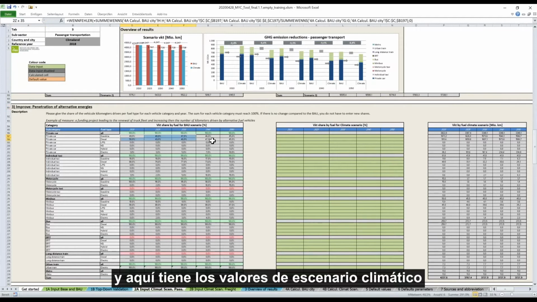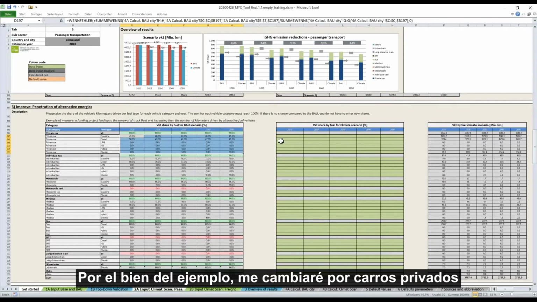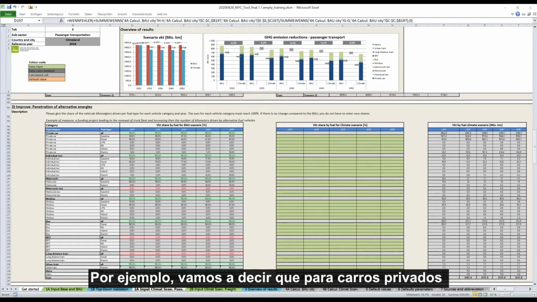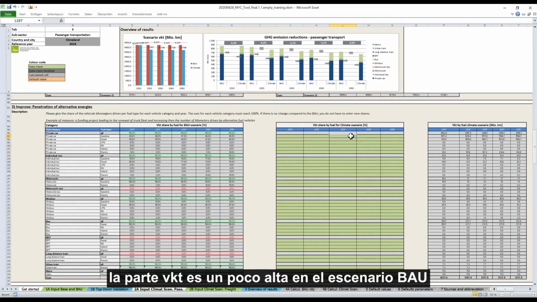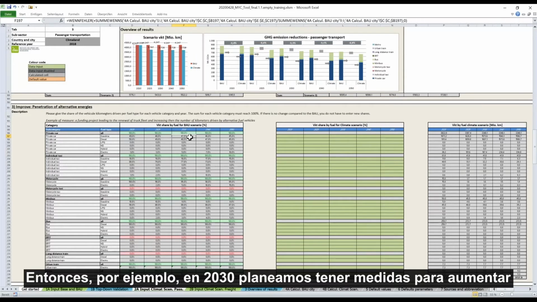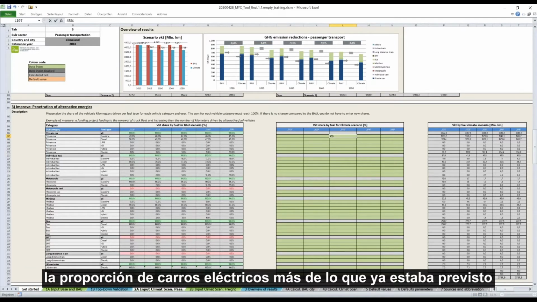So here you have your BAU values, what you entered, and here you have your climate scenario values. For the sake of the example, I will change for private cars, for example, and I say that the VKT share is a bit higher in comparison to the BAU. For example, I give from 2030 on, because we plan to have a measure to increase the share of e-cars more than was already planned, maybe.